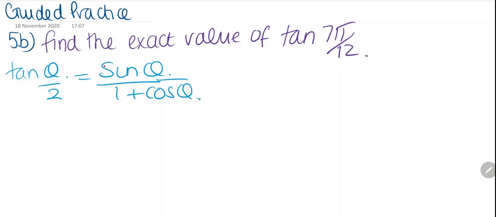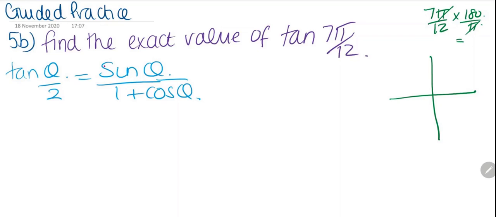What do we know about the angle? So 7 pi over 12. If you're not sure where the angle is, you can times it by 180 and divide by pi radians. So this will tell you where the angle is going to be, which is 105 degrees. So the angle is going to be in quadrant 2.